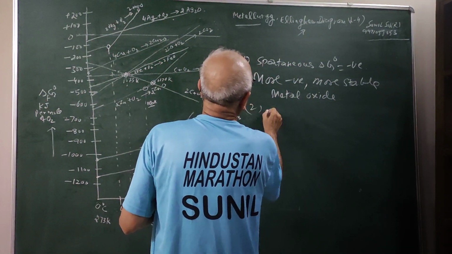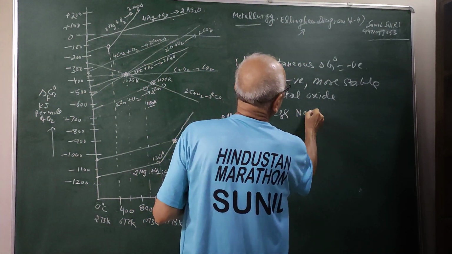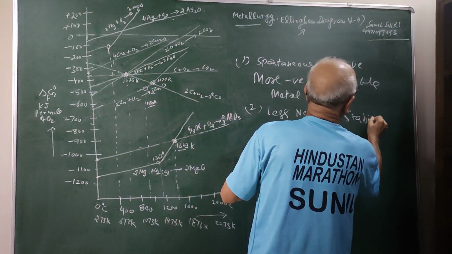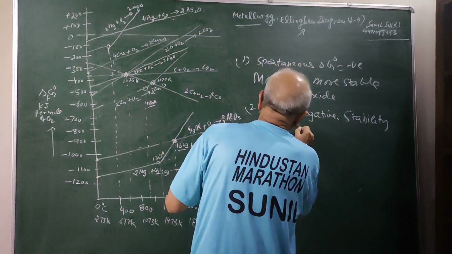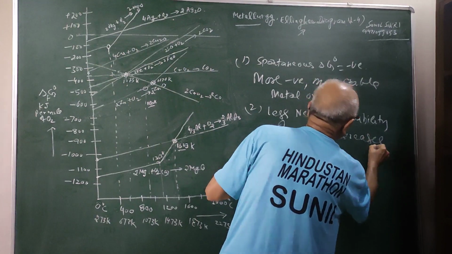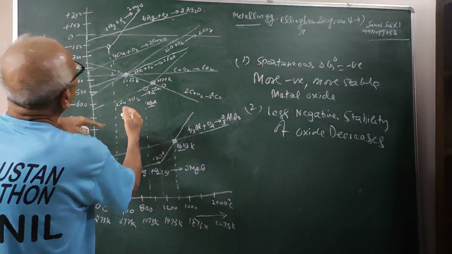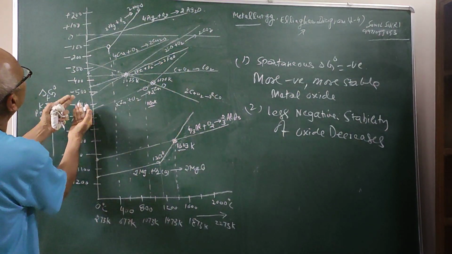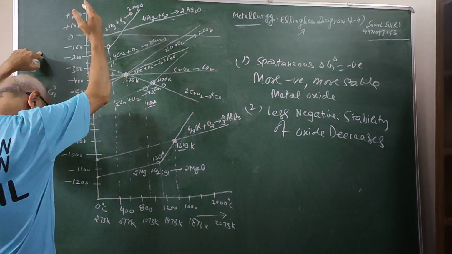And when it becomes less negative, it means the stability of oxide is decreasing. In other words, I am saying these oxides are becoming less and less stable as the value of delta G0 is becoming less and less negative.